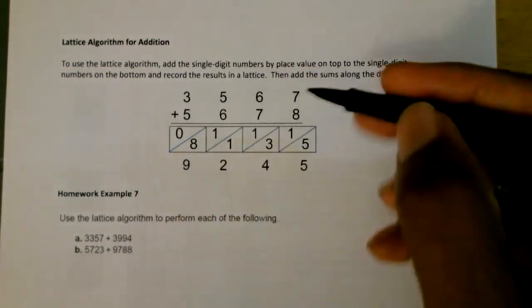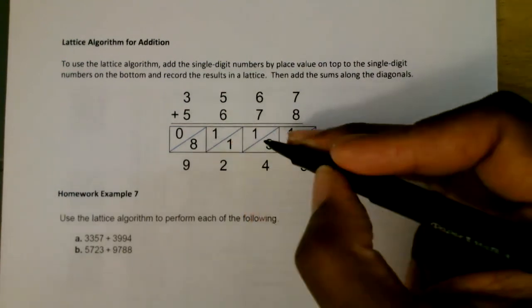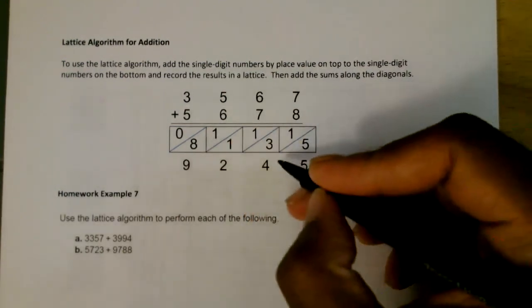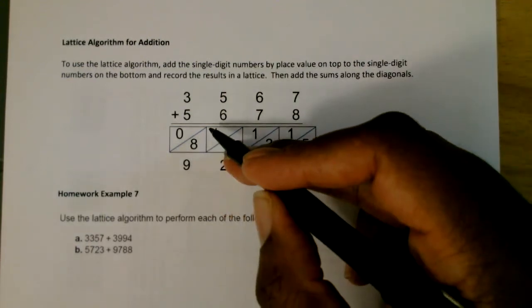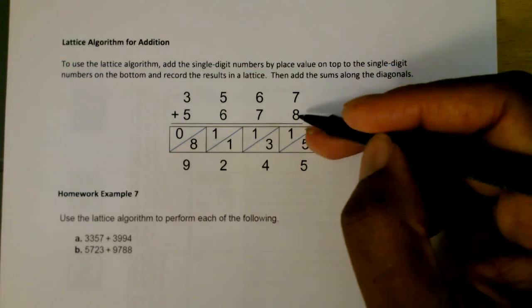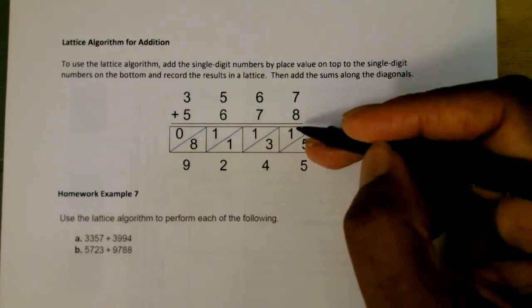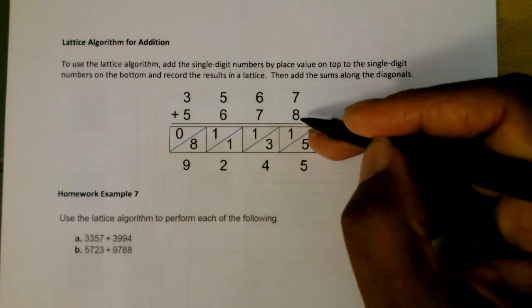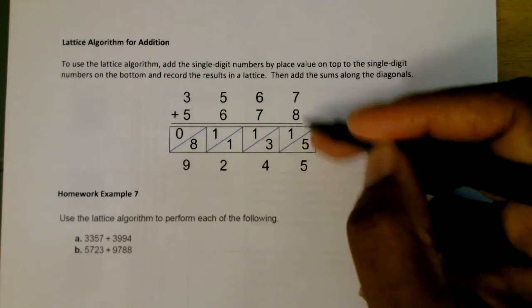We're adding a 4-digit number to another 4-digit number, so we need 4 boxes. Each box will be separated by diagonals, as you can see here. And then we add along each place value, like 7 and 8, that would be 15. We put each digit in one of the triangles.